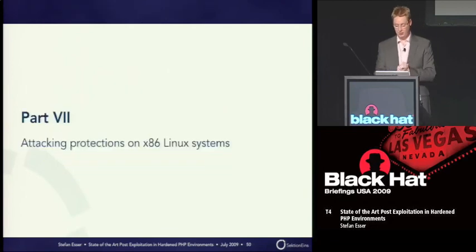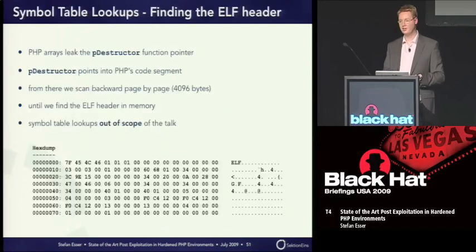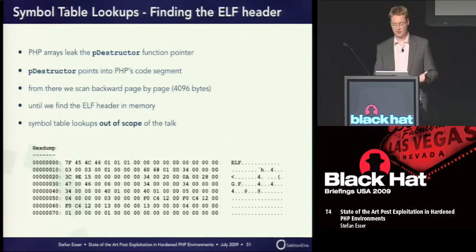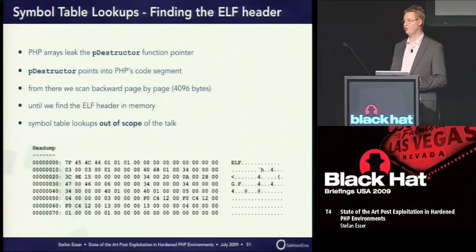The last part, I will go through this very fast, is how you can attack x86 Linux systems. The idea is, the first thing is you can do symbol table like lookups. The first thing you want to do is to find the ELF header of PHP. I already told you you can leak the destructor pointer, which is a pointer directly into the PHP code segment.